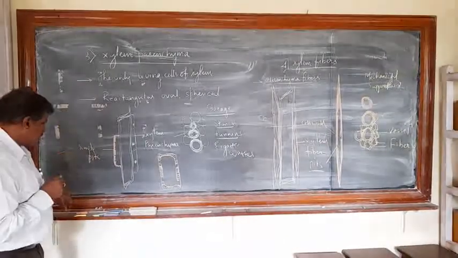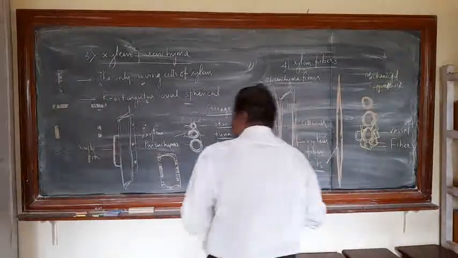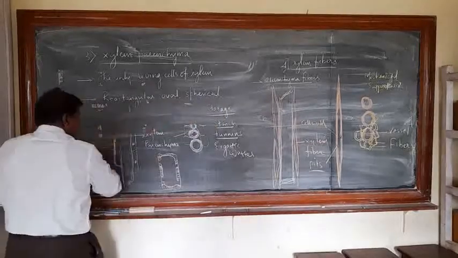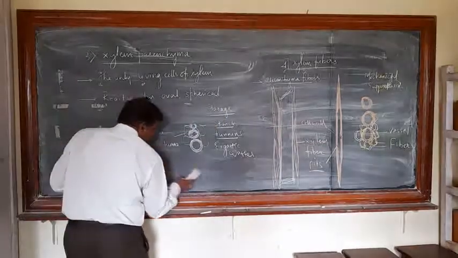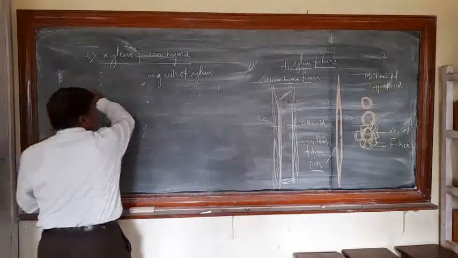In your annual theory examination, questions may be asked on this. Questions may be asked for 2 marks as well as for 5 marks. Okay, questions can be asked like this.